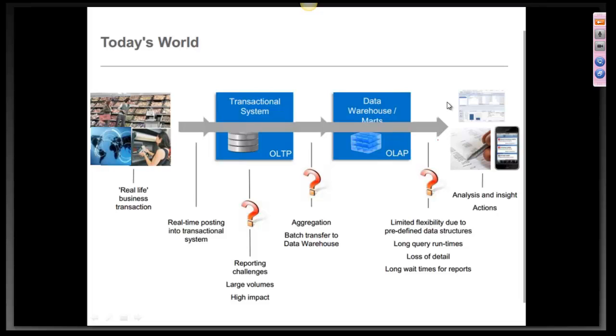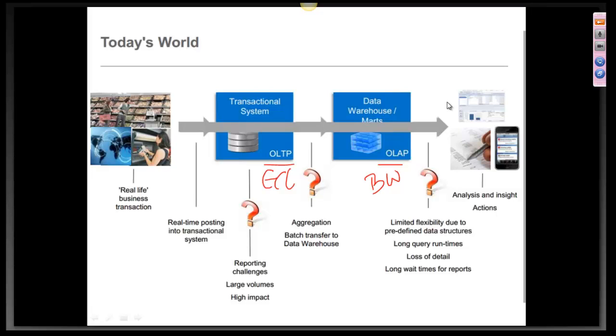And here, what led SAP to get into their own database? In our business solutions, we have OLTP systems and OLAP systems. For example, SAP ECC is the OLTP system, and the OLAP system is the SAP BW system.